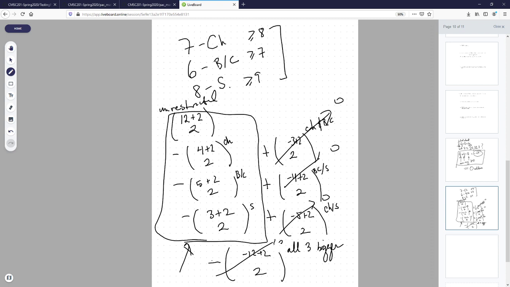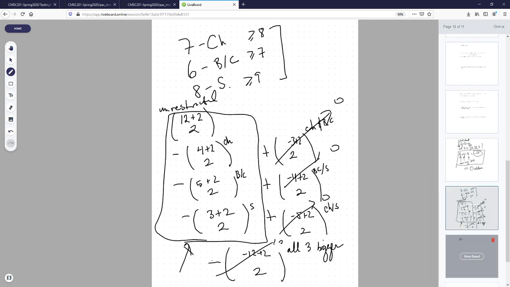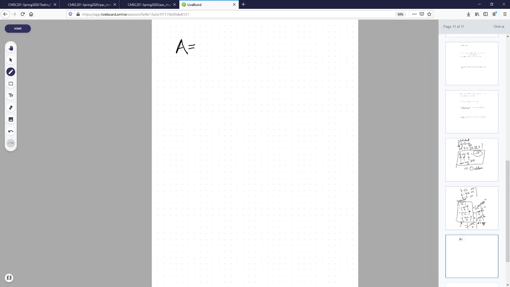Well, the thing about the inclusion-exclusion principle is that it's alternating. I think the way to look at it is this way. So let's be very careful about it. A is the set where x is bigger than the upper bound for x. And B is the set of solutions where y is bigger than the upper bound for y.